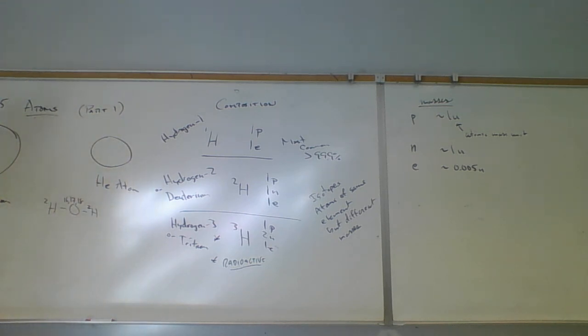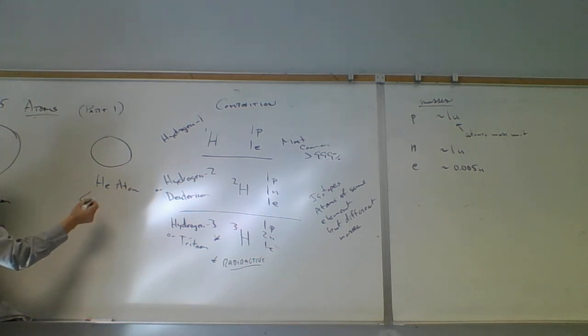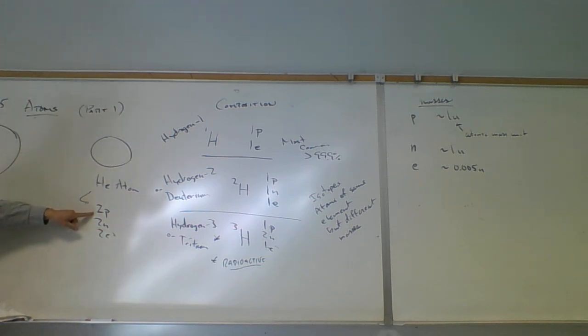Well, one of the things is, helium is going to weigh more, because the most common form of helium is going to have 2 protons, 2 neutrons, and 2 electrons. Each proton weighs about 1, each neutron weighs about 1, and the electron's mass is kind of small, so we could ignore it.